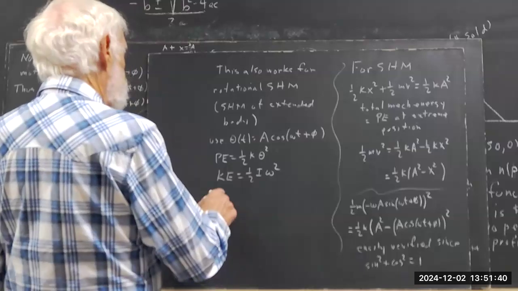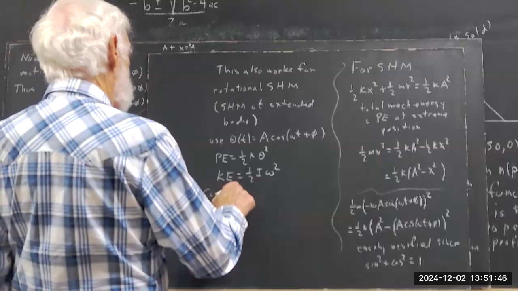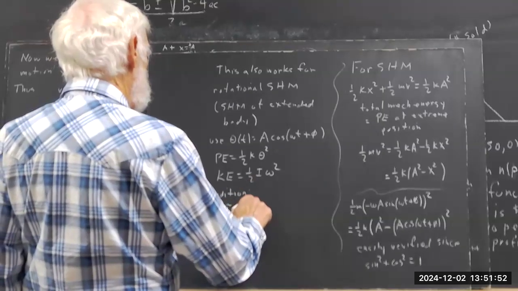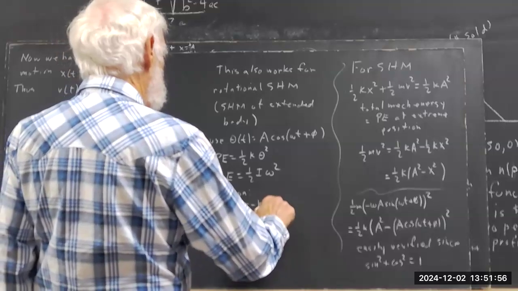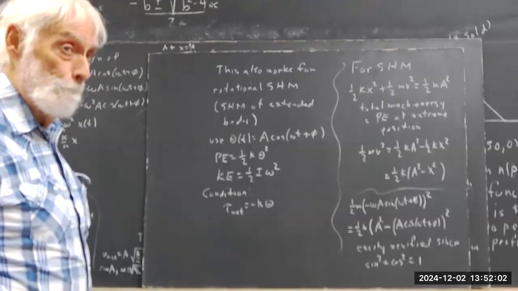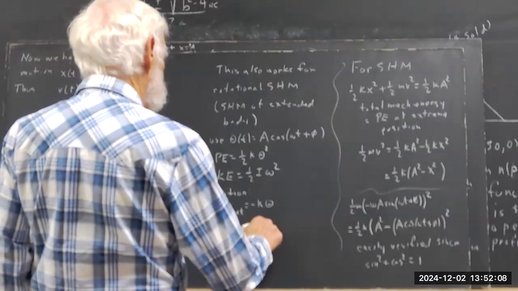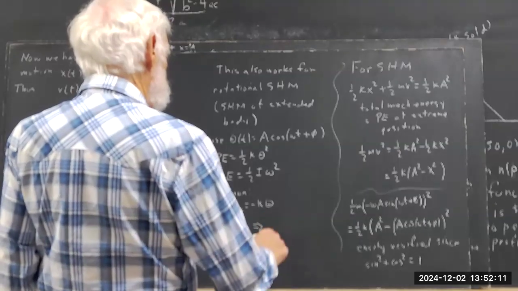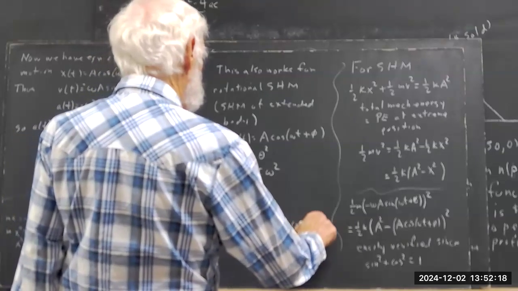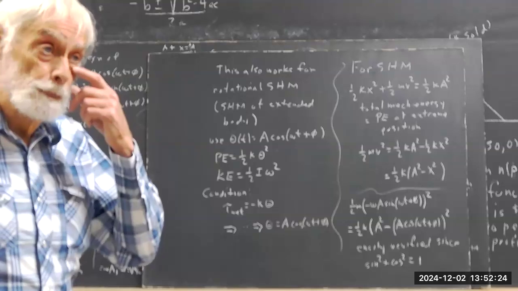But where does it come from? That torque is negative k theta. Now the units of k are a little different.